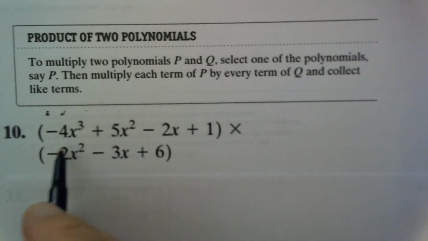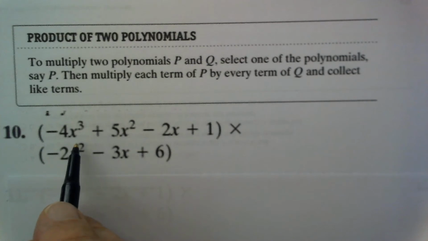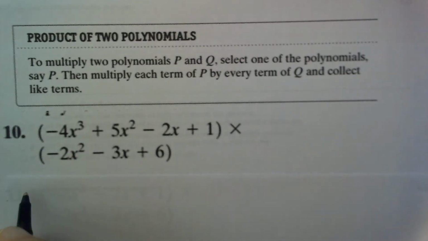So that means we multiply minus 4x to the third times 2x squared.